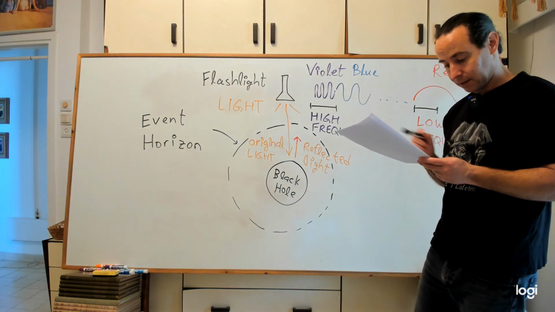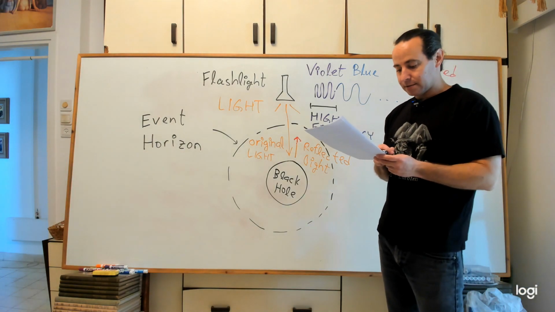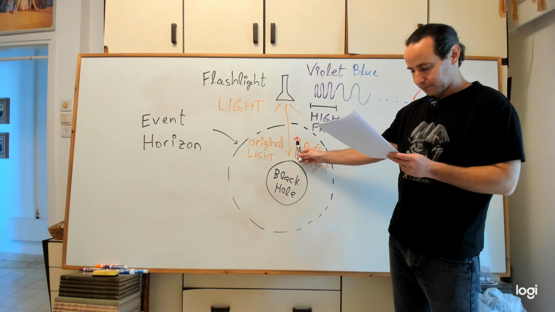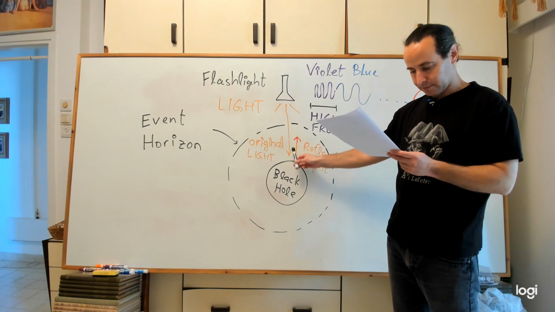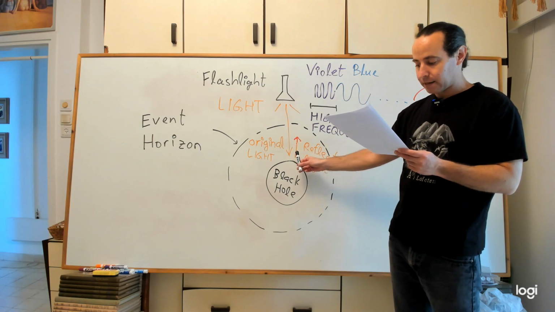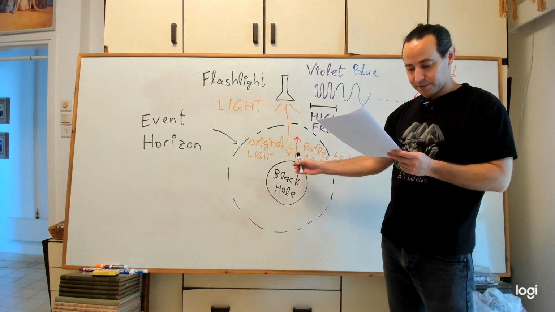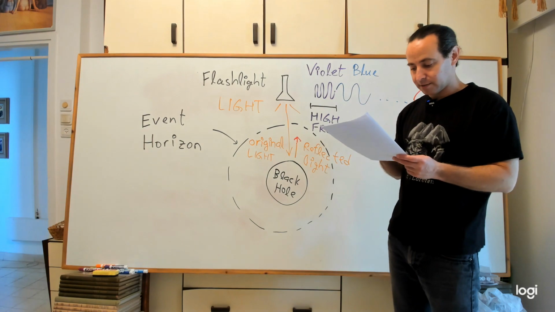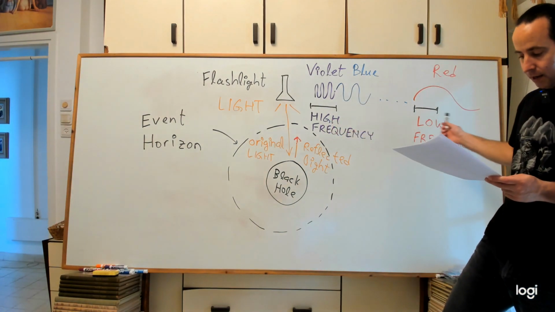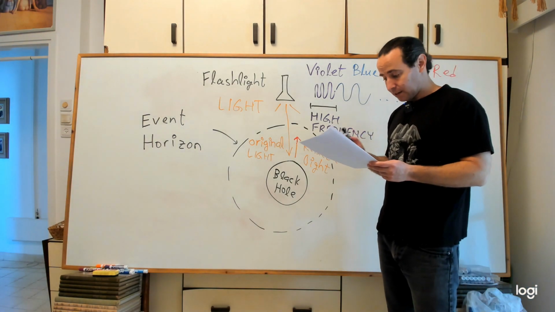Okay, so I'm reading again the last paragraph. This light that is trying to escape, the reflected light that is trying to escape from the black hole, cannot slow down because light always moves at the speed of light, but it's losing more and more energy, like a shift to the red, and there is still a photon.